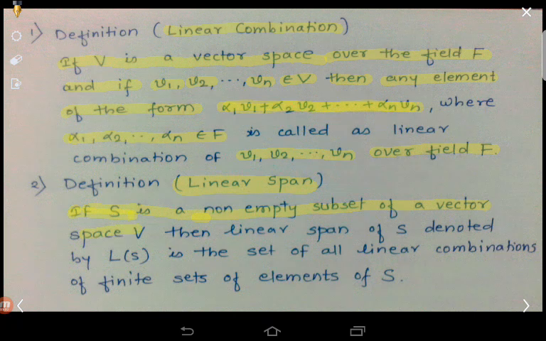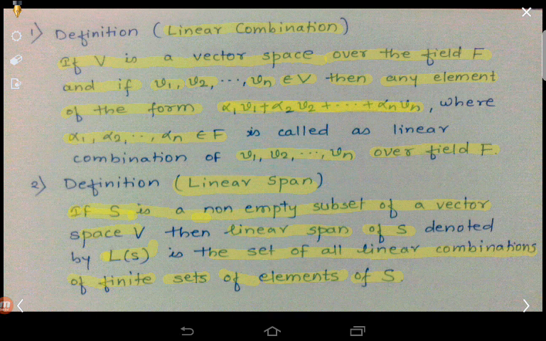Now the linear span of S, denoted by L of S, is nothing but the set of all linear combinations of finite sets of elements of S. Here the word finite is present because S is no doubt a subset of V, but we do not have any guarantee that S contains a finite or infinite number of elements.